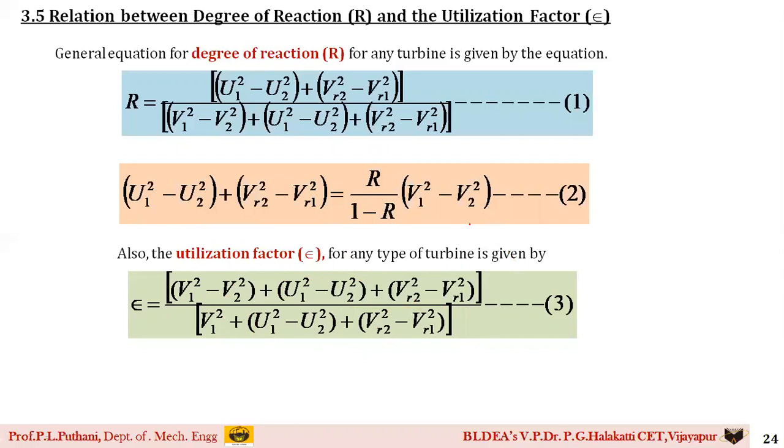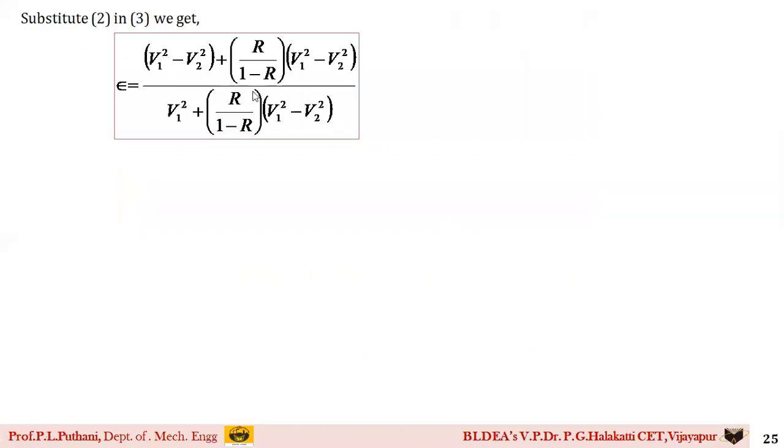So what do I get now? I am replacing the static components in the utilization factor equation.